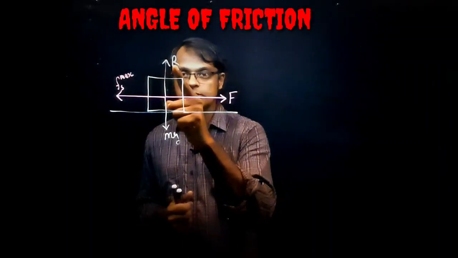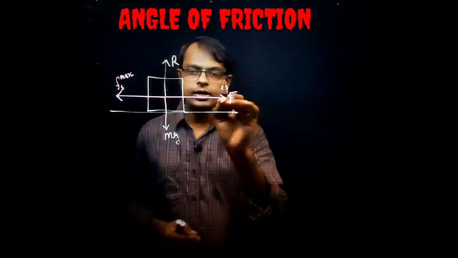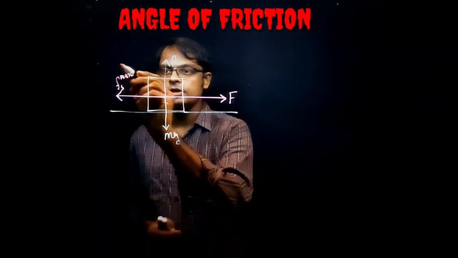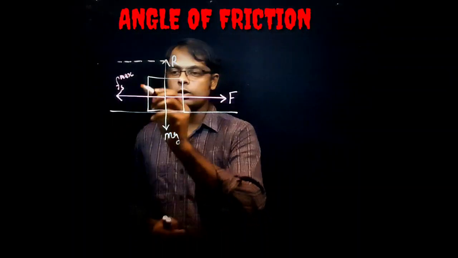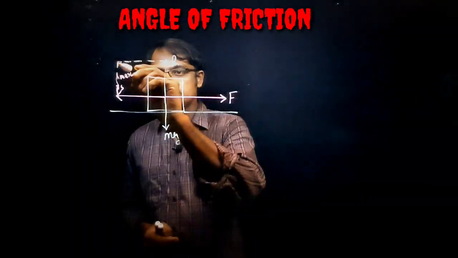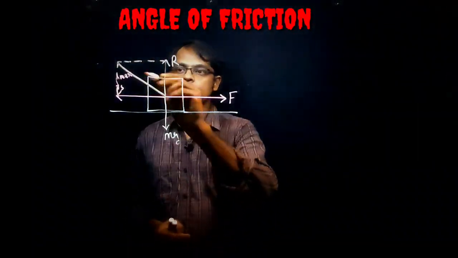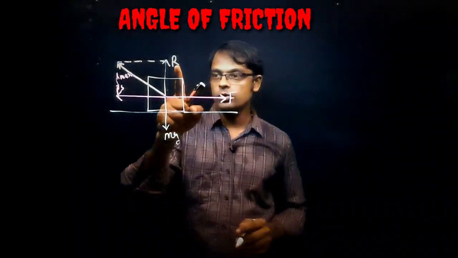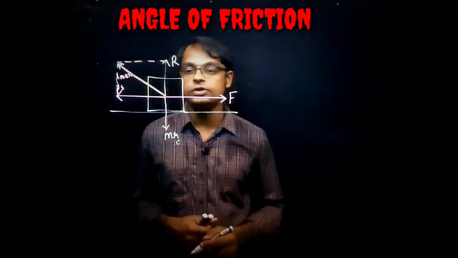We can calculate the resultant of the normal reaction force and the static friction by using which law? That is the parallelogram law or parallelogram method. If you construct a parallelogram, you can see the resultant of these two becomes what? The diagonal. So this is the resultant of the normal reaction force and the static friction, that is, the limiting friction.